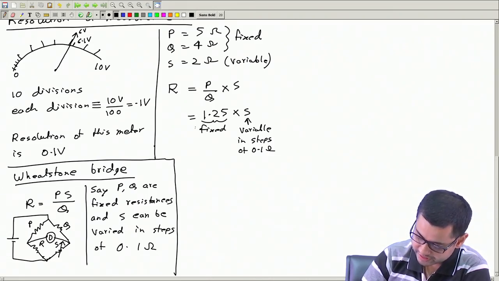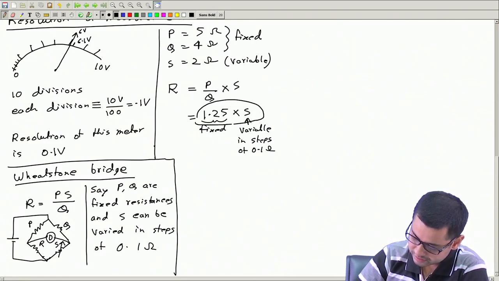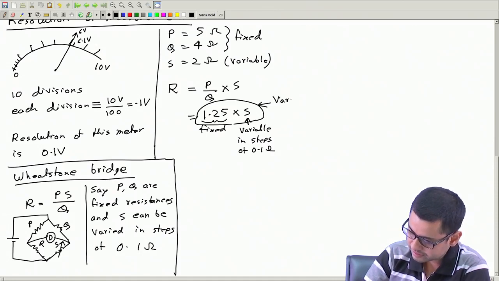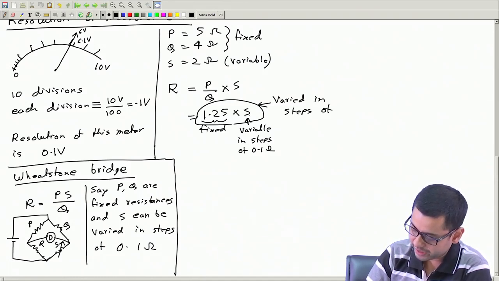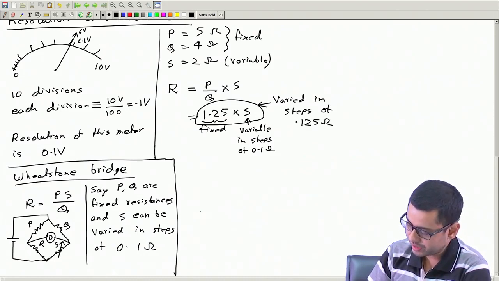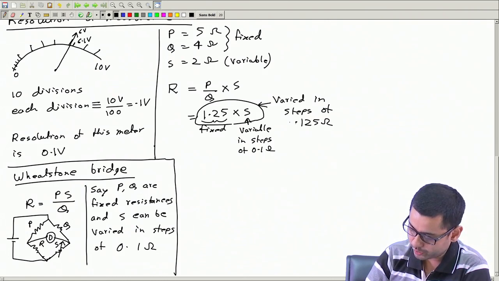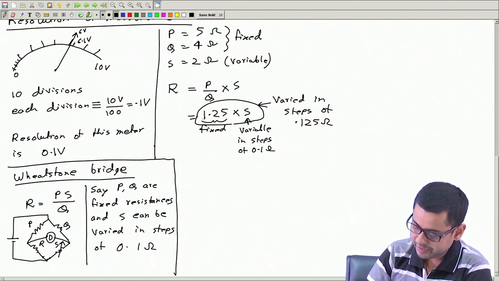together is varied in steps of 1.25 multiplied by 0.1, which is 0.125 ohm. So, this is the minimum change that you can create in this quantity.